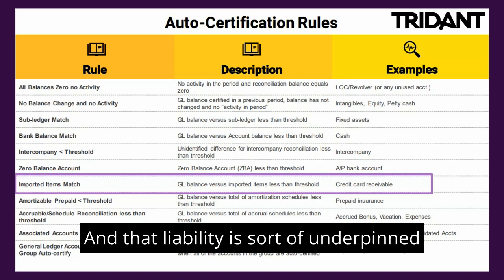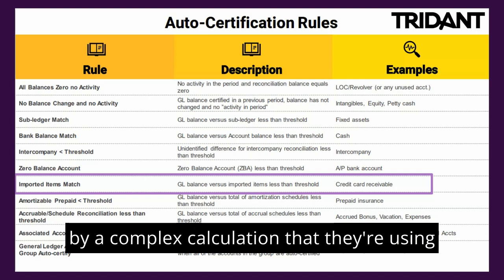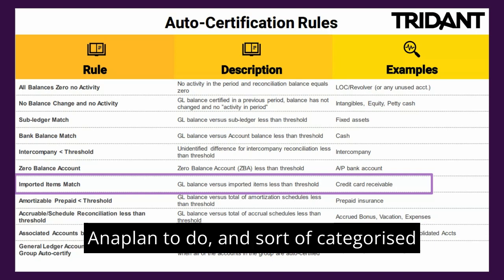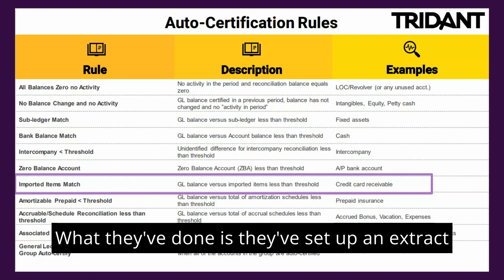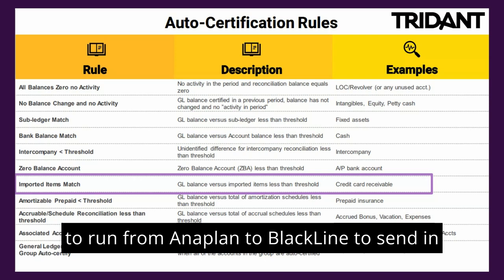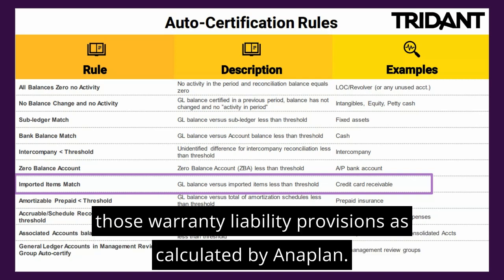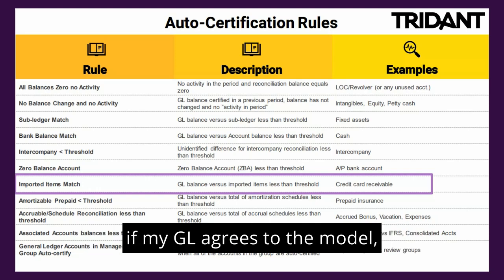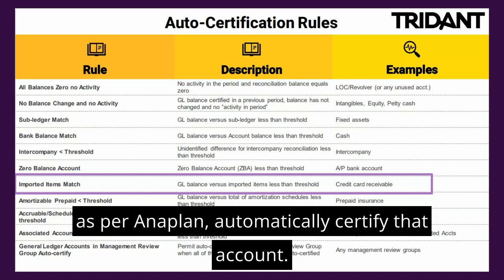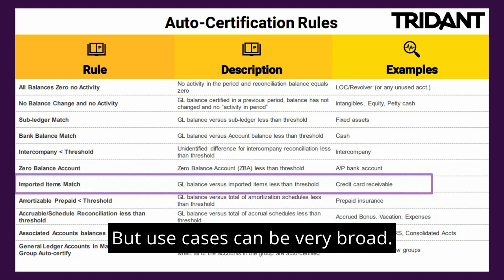And that liability is underpinned by a complex calculation that they're using Anaplan to do, categorized by different products that client sells. And what they've done is they've set up an extract to run from Anaplan to BlackLine to send in those warranty liability provisions as calculated by Anaplan. And what this rule is basically doing is saying if my GL agrees to the model as per Anaplan, automatically certify that. But use cases can be very broad from there.